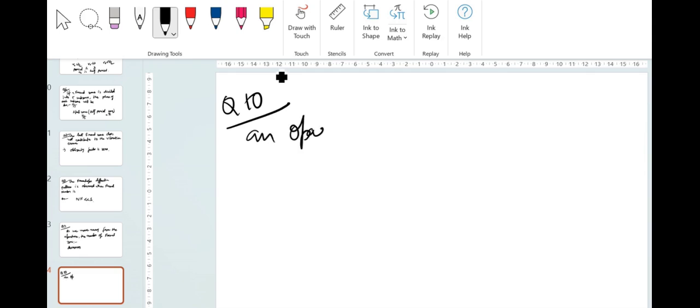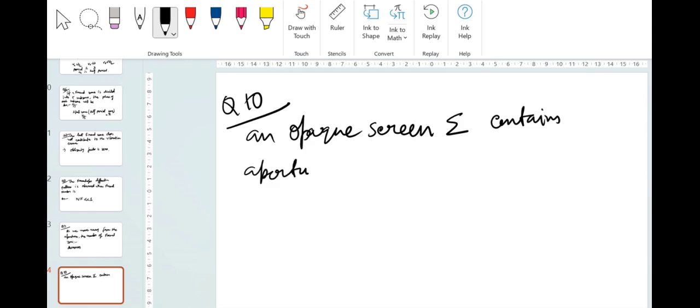The input path screen now contains an aperture 2.00 millimeter in diameter.